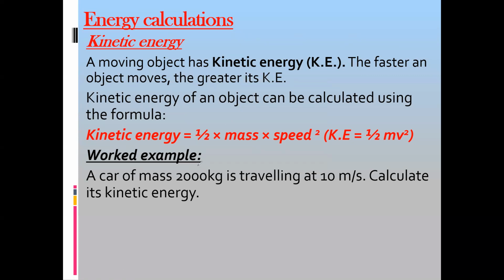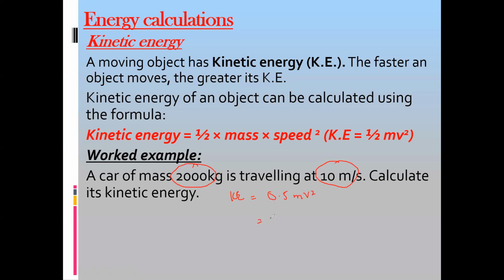So a word example: a car of mass 2000 kg traveling at a speed of 10 meters per second. Calculate the kinetic energy. The kinetic energy is half, and half means 0.5, so I can write directly 0.5 mv square.